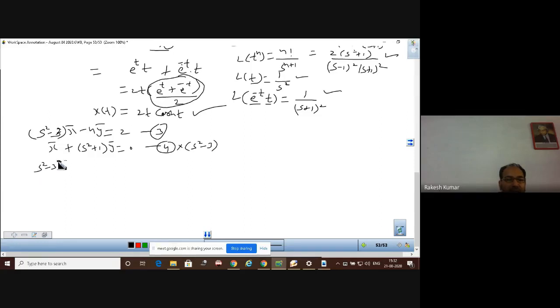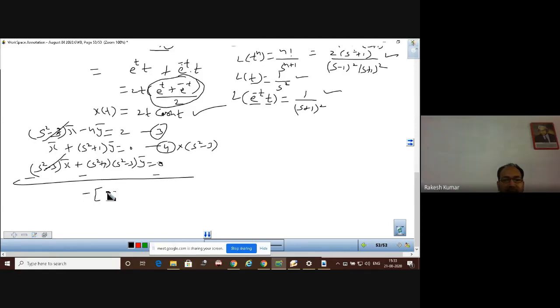So what will you get? (s square minus 3) into x bar plus (s square plus 1) into (s square minus 3) into y bar is equal to 0. So this will be your new equation, negative sign, and this term will be cancelled with this.